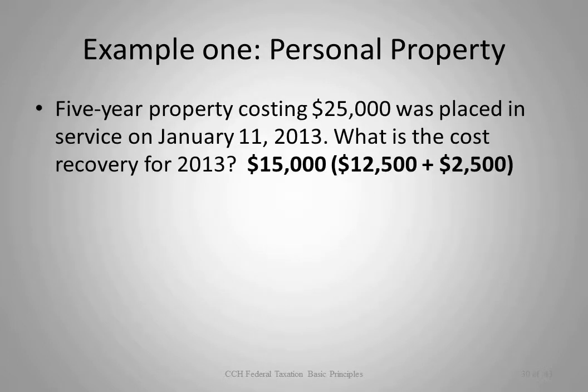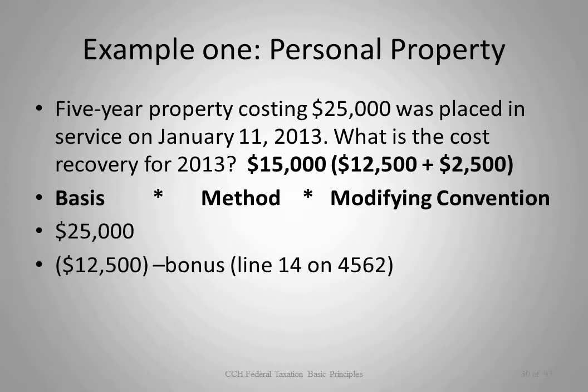All right, I'm going to put the facts back up and the answer. The answer is 15,000, and it consists of two parts. Because hopefully you all decided, because I did not have the word used in front of the word property, it was brand new property. It has a 5-year life, and there is no information here about the qualified business use being less than 50%. Therefore, it is entitled to bonus depreciation. All right. So bonus depreciation is 50%.